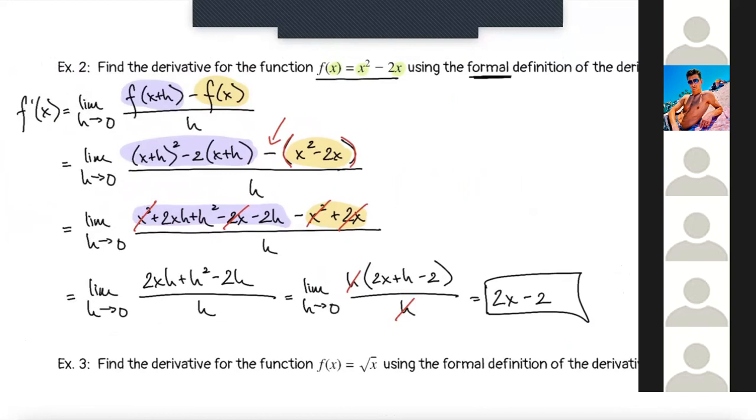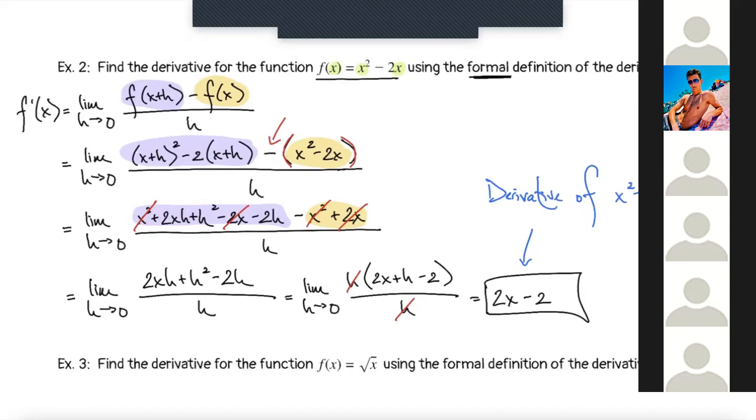And that 2x minus 2 is the derivative of x squared minus 2x.